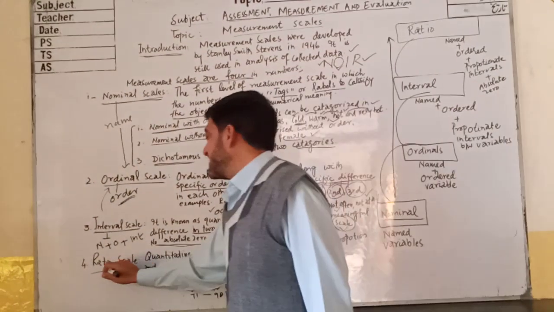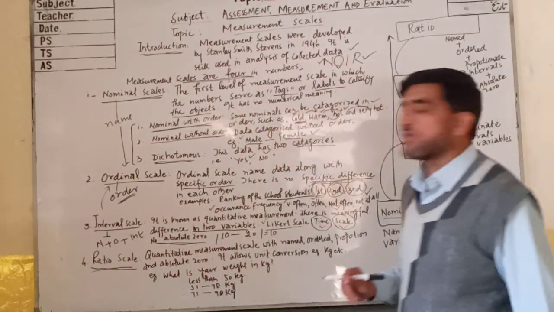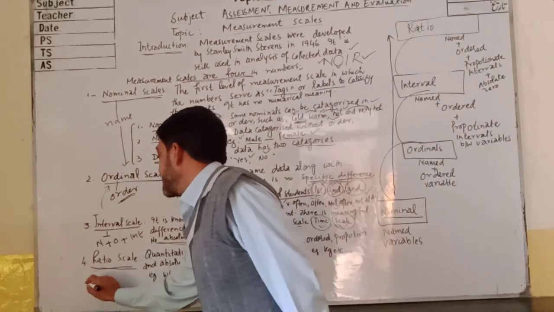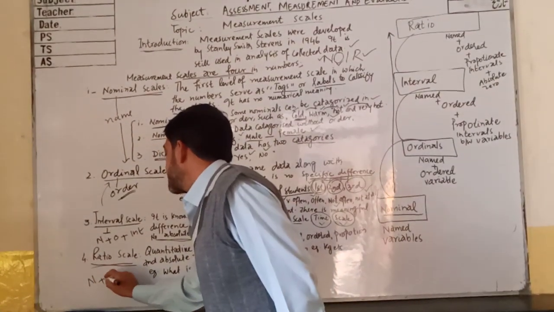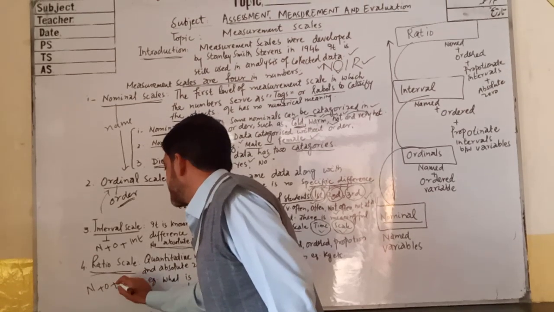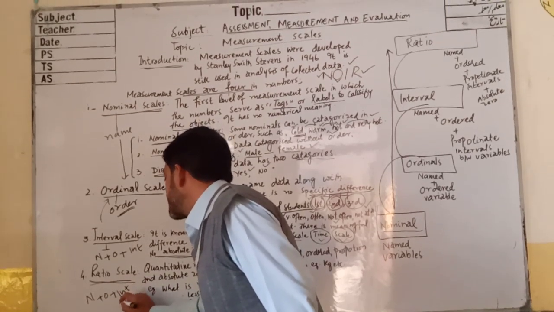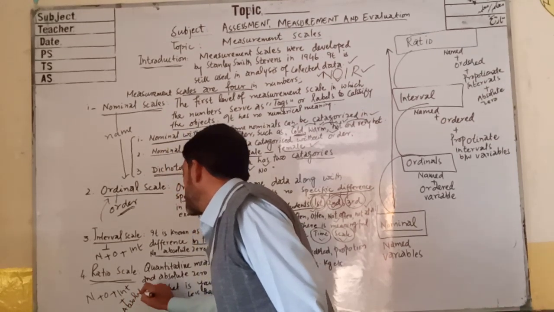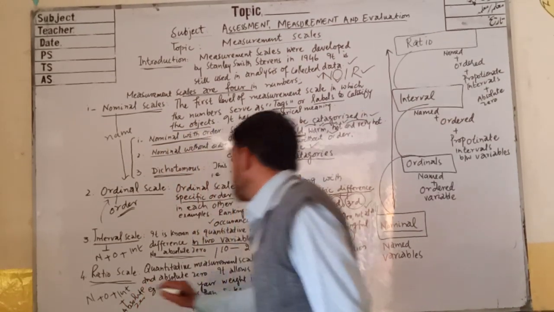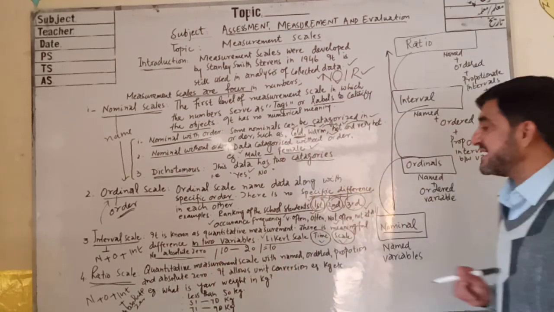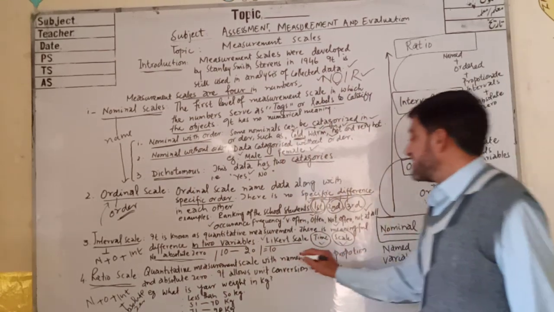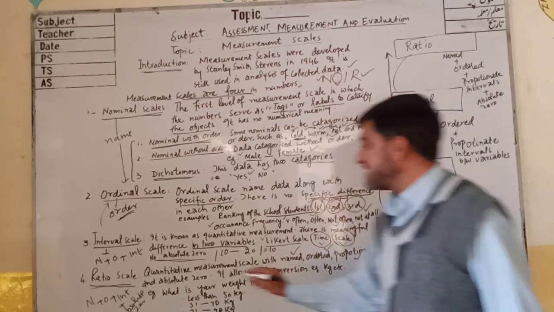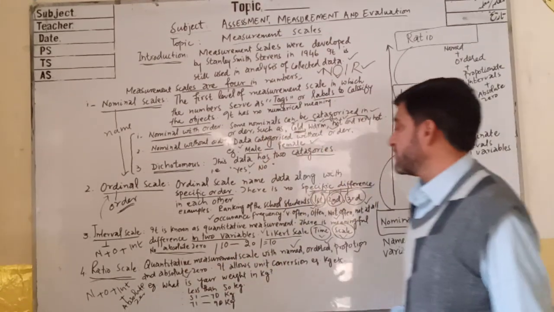The last one is ratio. This is the most complex measurement scale, in which there is name, there is order, there is interval, and there is absolute zero. Remember, it is also a quantitative measurement scale with name, with order, with proportion, and absolute zero.